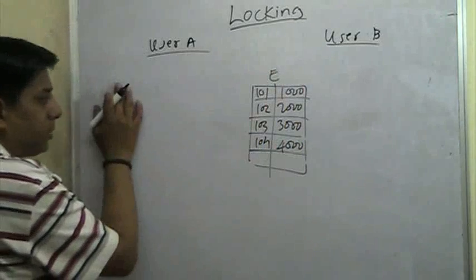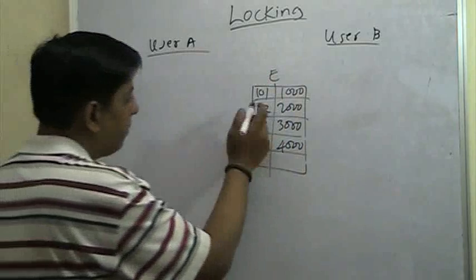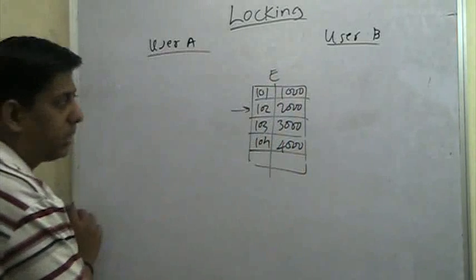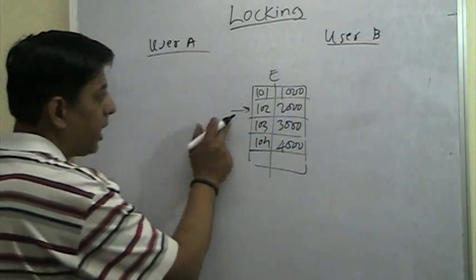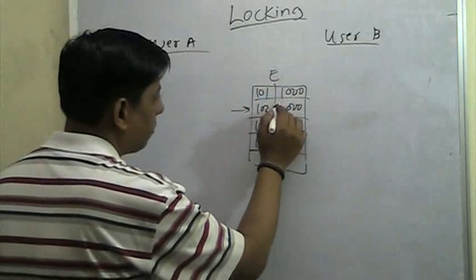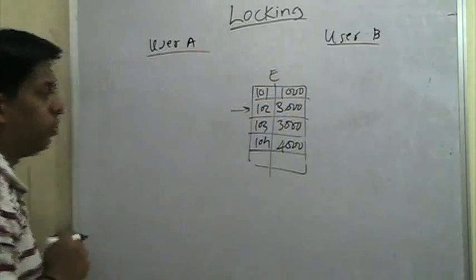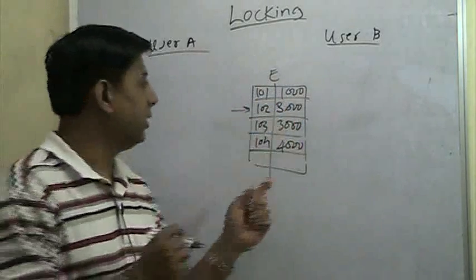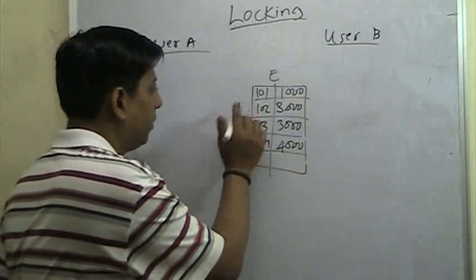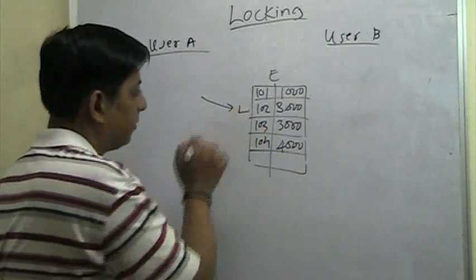User A comes in and, using an update statement, changes the salary of one employee to 3000. The moment he updates the salary, this row is now locked by this user.